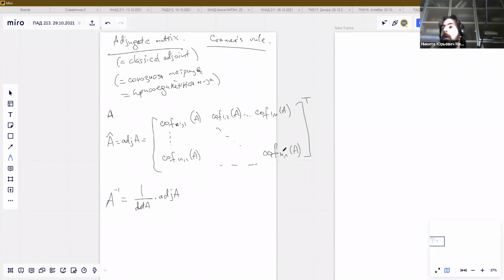You first find the cofactors, then you arrange them together and transpose the result, and then you divide by the determinant. Historically, this intermediate step of the process has its own name. We are not really going to use the adjugate matrix on its own. We are usually going to use it to find the inverse matrix by this formula.